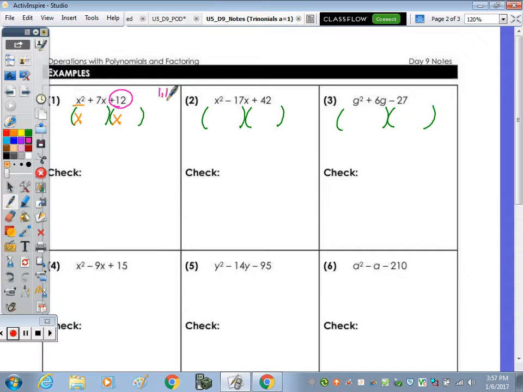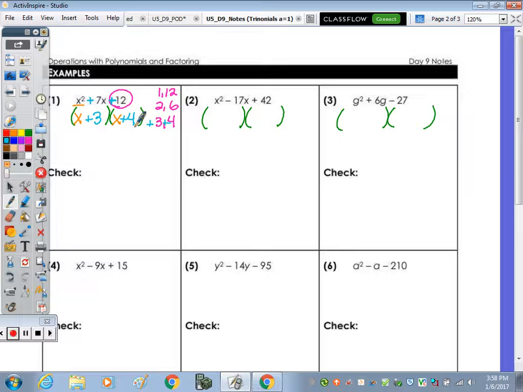So that's 1 and 12, 2 and 6, 3 times 4, and that's it. Now in looking at the signs, they multiply to a positive, so they're going to be the same. They're either both positive or both negative. If they were both positive, they would combine to a positive, but if they were both negative, it would combine to a negative. So which numbers combine to 7? That would be a positive 3 and a positive 4.